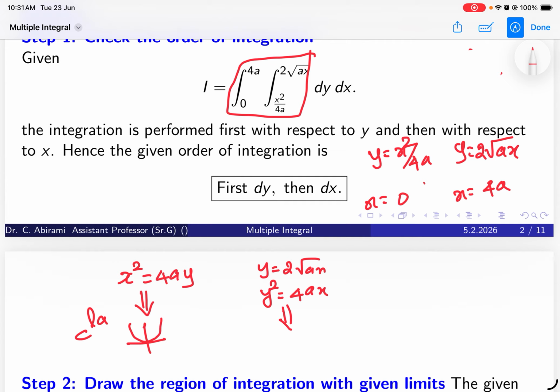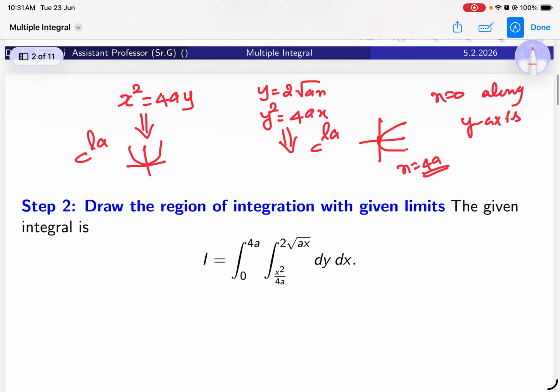The second represents a parabola opened to the right side. X is equal to 0 represents a line along the y-axis. X is equal to 4a is a line parallel to the y-axis. Okay. Using this, we are going to sketch the diagram.